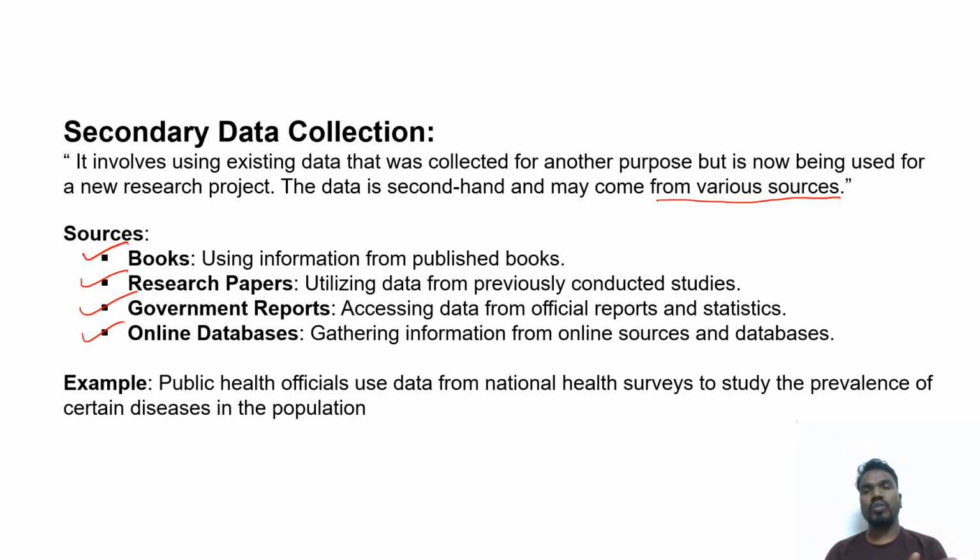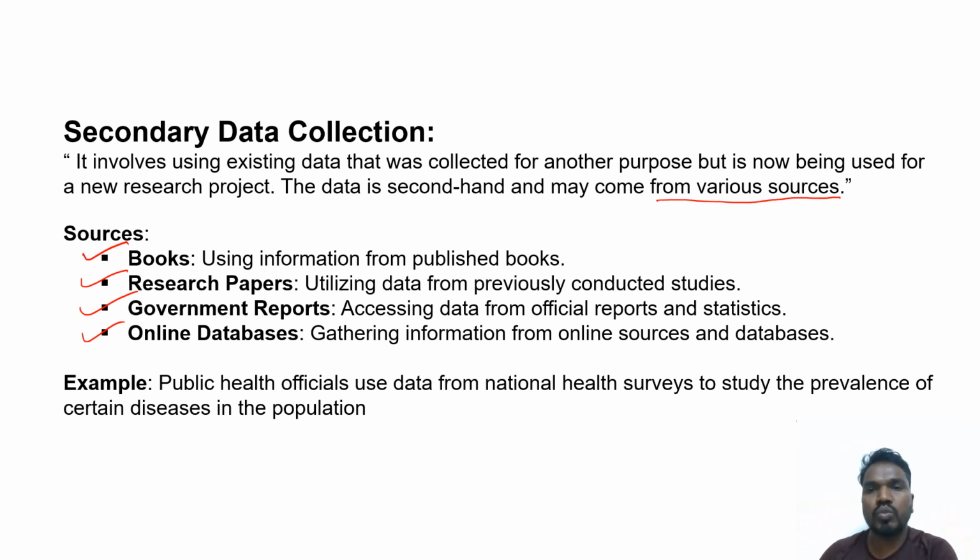It can be Google, or any online source you use to get the required information, so that you are not directly involved. You are getting the information from sources where the required data is already available, right? So this is secondary data collection.